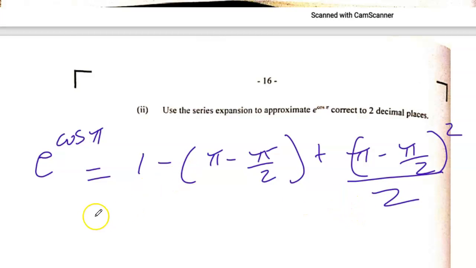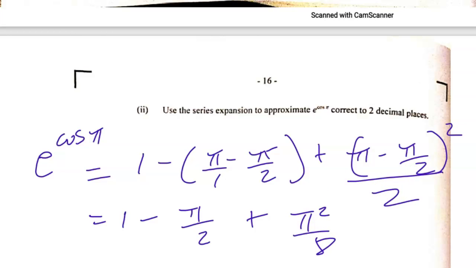Of course we can use our calculator for this. So 1 minus pi minus pi over 2, that's pi over 2. This is pi minus pi over 2, so that's half pi all squared. That's pi squared over 4 divided by 2, that's pi squared over 8.